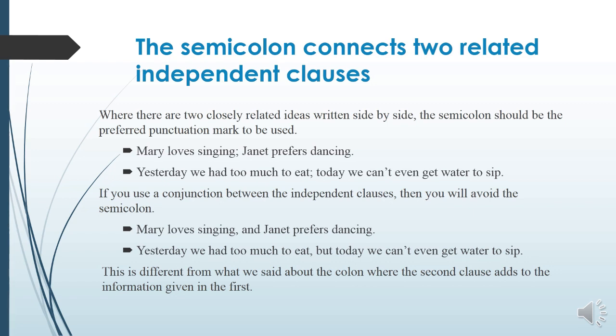Here we said the semicolon connects two related independent clauses, which are closely related main clauses. But where you may be required to use the colon, it's not just that they are closely related, but that the second part provides additional information about the first. That's another kind of relationship, different from the situation where we use the semicolon.